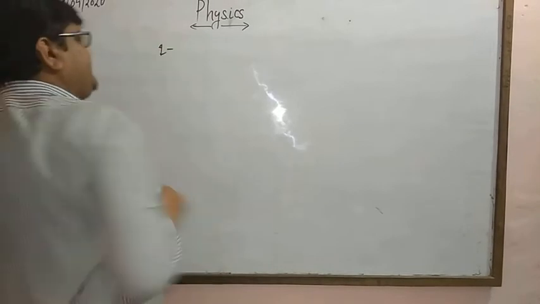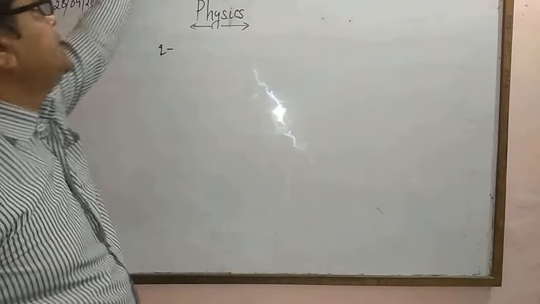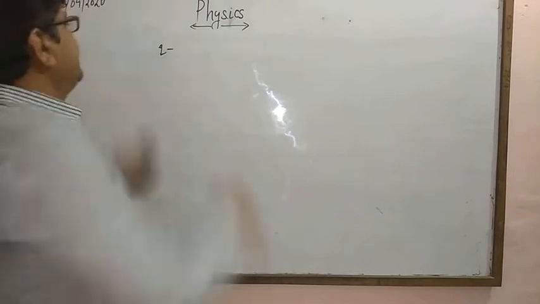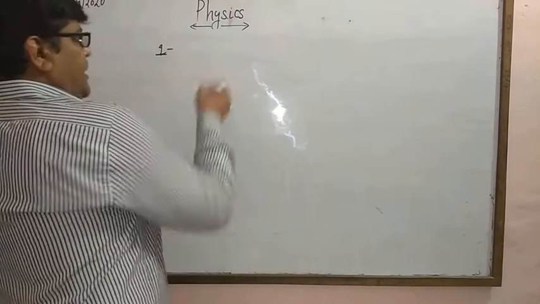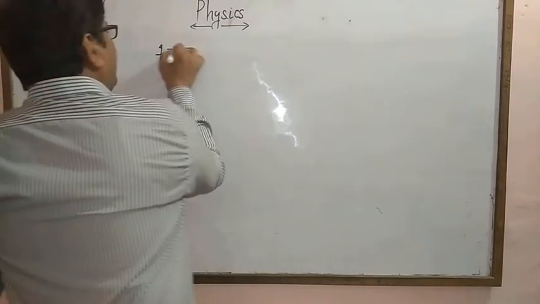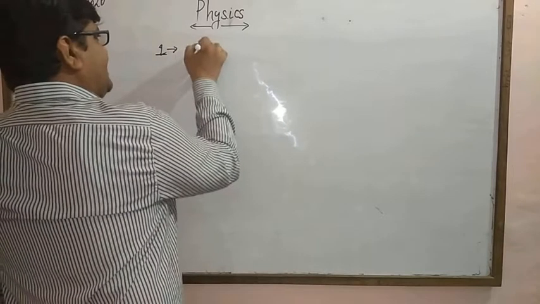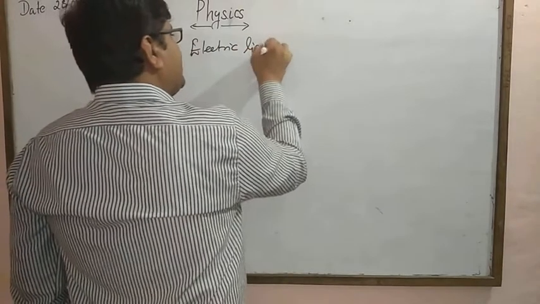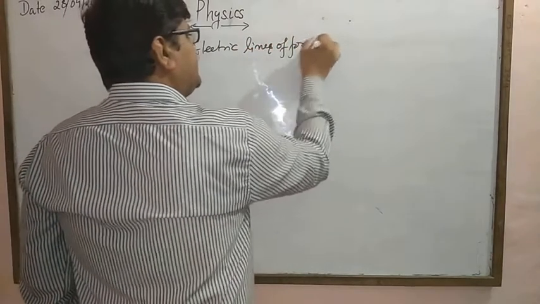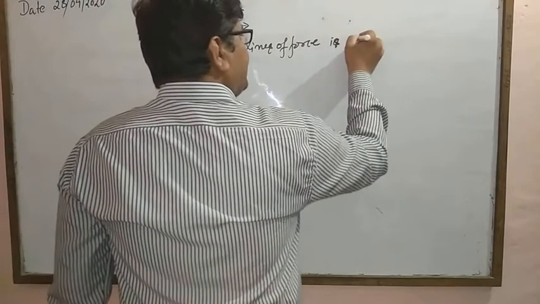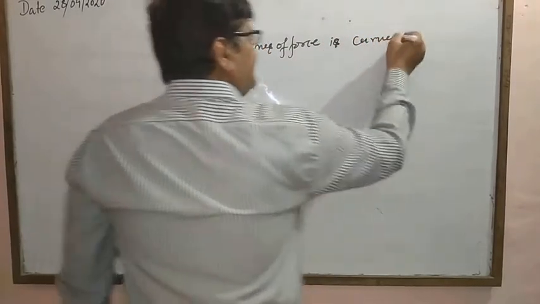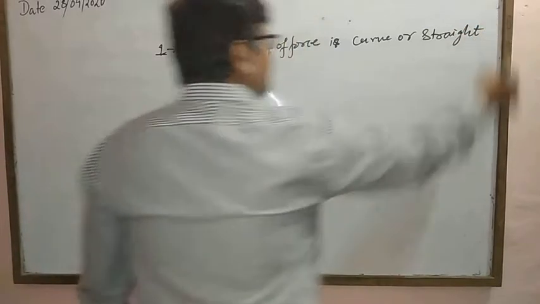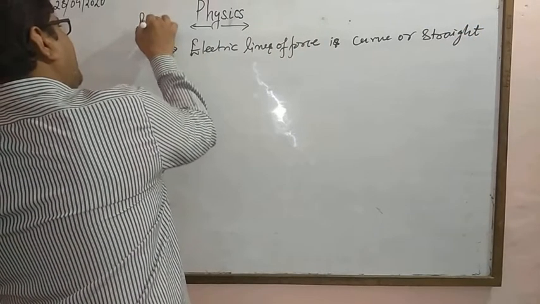First one is, it is a curved line, it is a smooth line, it is also called an imaginary line.